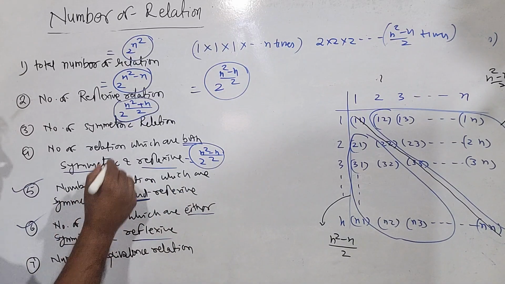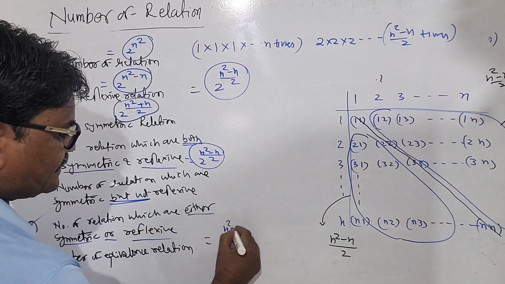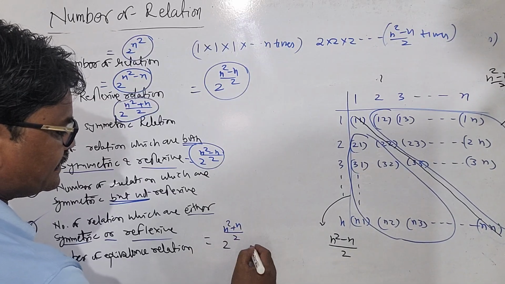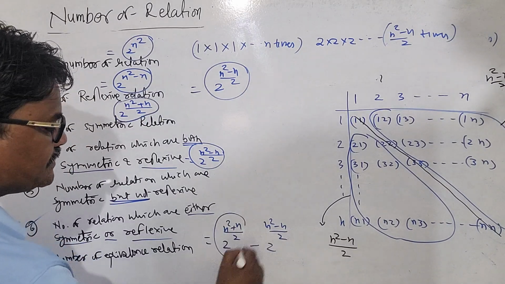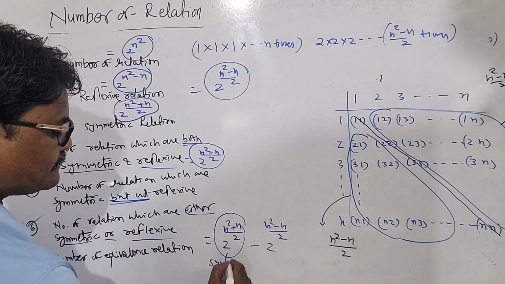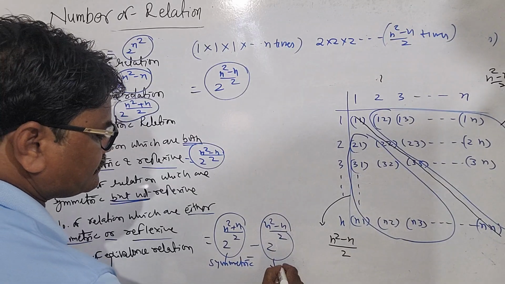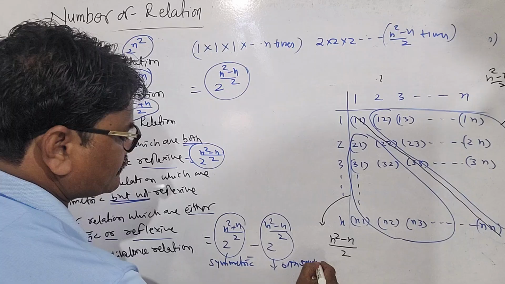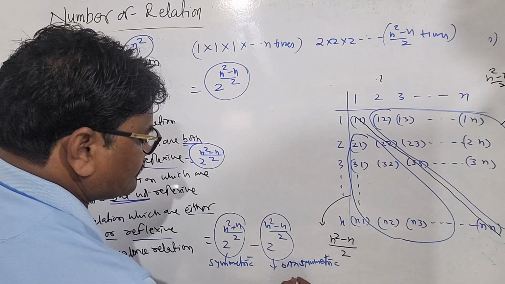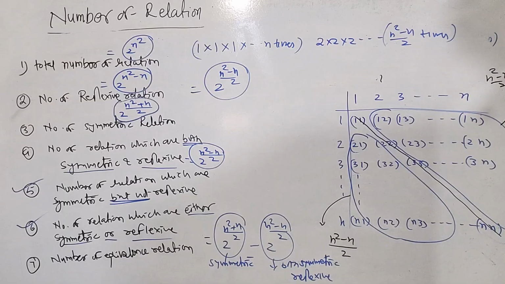So the total number of symmetric relations is 2 to the power (n square plus n) by 2, minus 2 to the power (n square minus n) by 2, that is, minus the relations which are both symmetric and reflexive. So this is interesting.